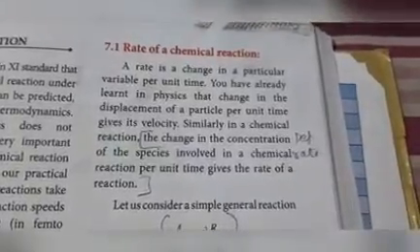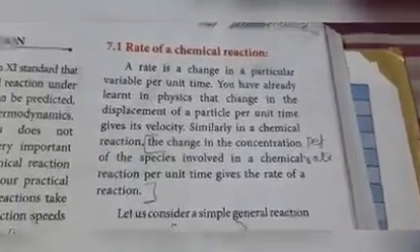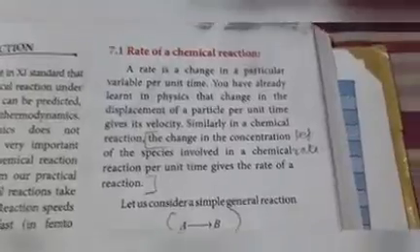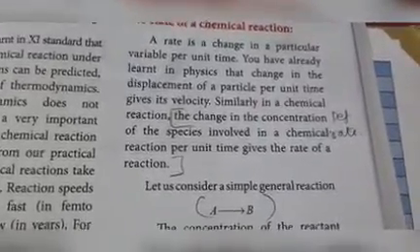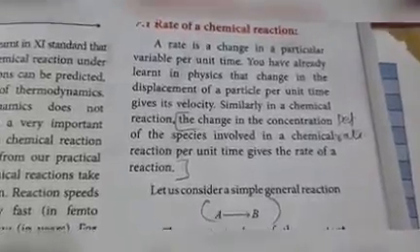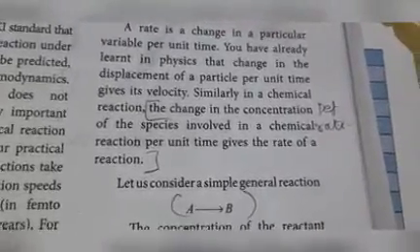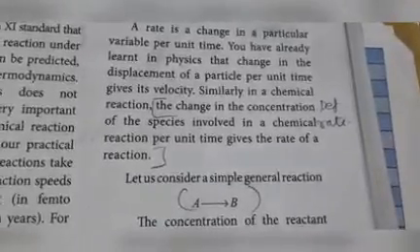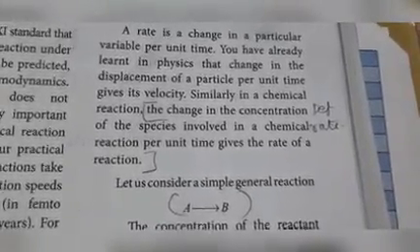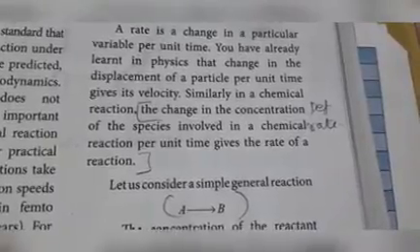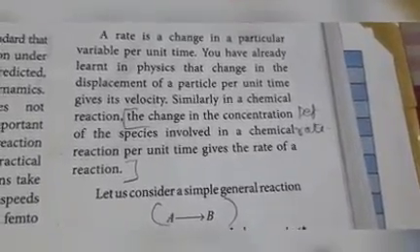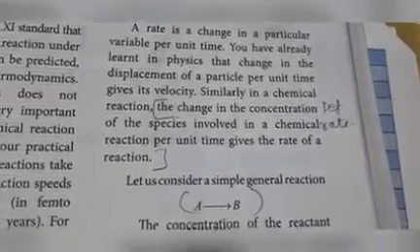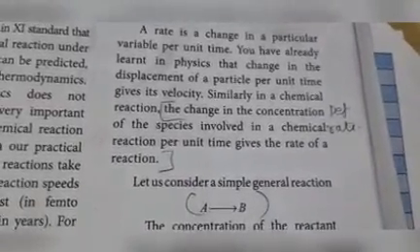Next we are going to study the rate of chemical reaction. To define rate, you have to write these three lines: change in concentration of the species involved in the chemical reaction per unit time gives the rate of the reaction. Change means difference.